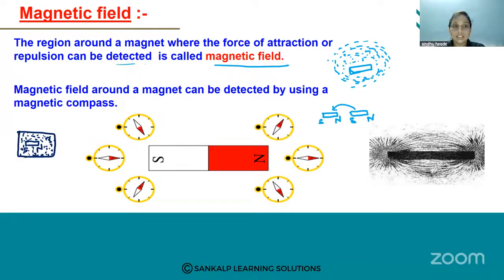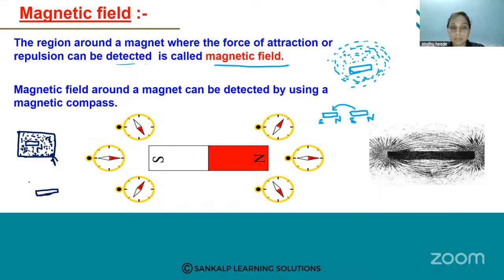Okay, see, after that just tap one end of the paper. Then after some time, what we observe here is that the iron pieces get attracted in a particular region of this magnet. Like this is a bar magnet.